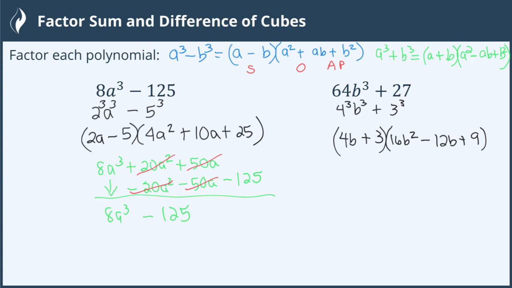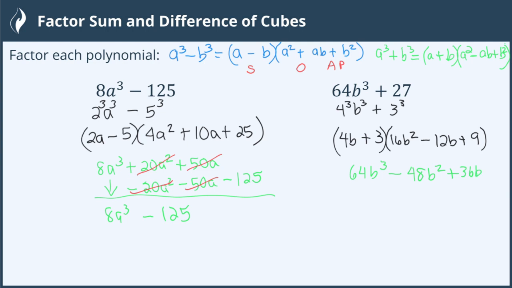So 4b times 16b squared gives me 64b cubed. 4b times -12b gives me a negative 48b squared. And then 4b times 9 is going to be positive 36b.